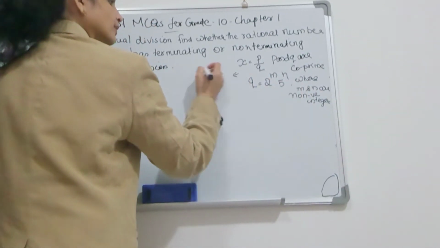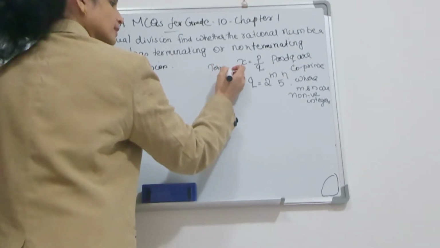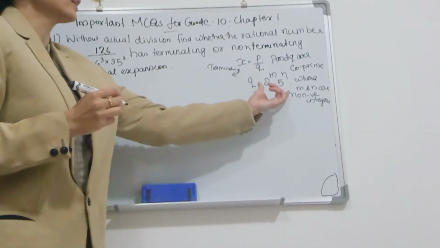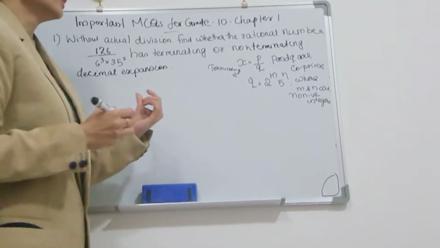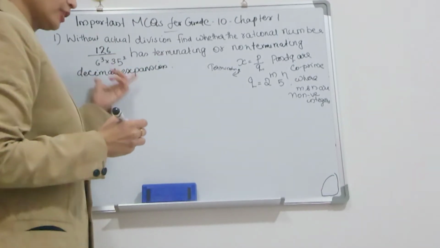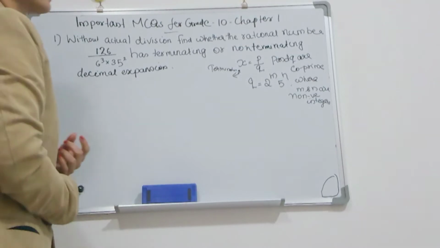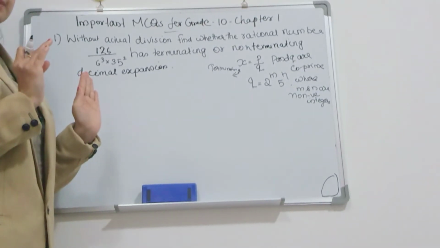So, terminating decimal expansion is this. If q is not in this form, it is not terminating. So you have to check the denominator. One more condition, that p and q are co-prime, that is, there is no common factor.